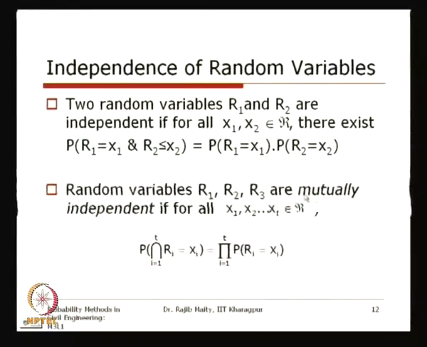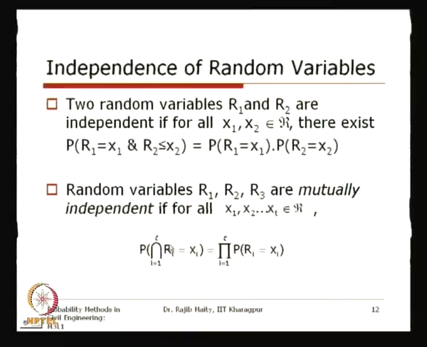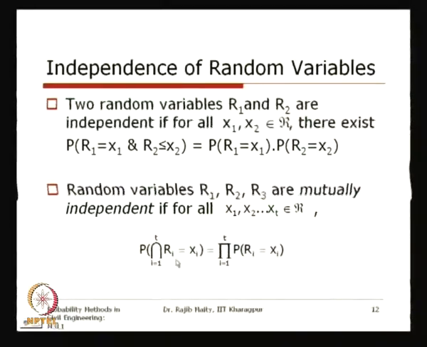We say that these are mutually independent if the probability of R1 equals x1 and R2 equals x2 and R3 equals x3 is equal to the multiplication of their individual probabilities. Then these random variables R1, R2, R3 are mutually independent.